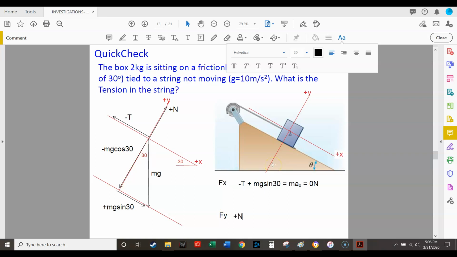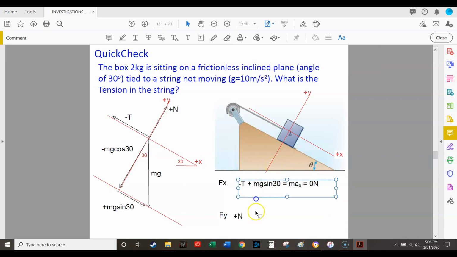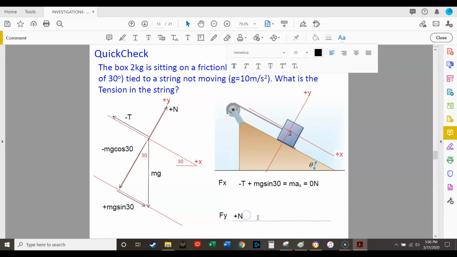So I'm going to put a positive N, and that's going to be equal to negative mg cosine of 30 degrees. And again, that's equal to mass times acceleration in the y direction, but since it's not moving nor accelerating, that is equal to 0 newtons.